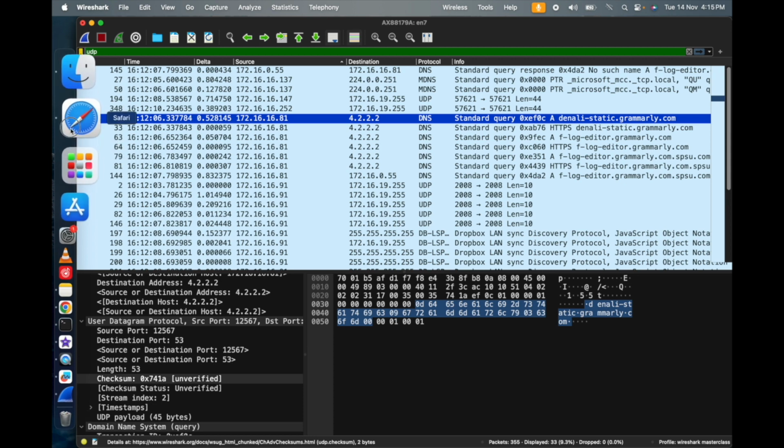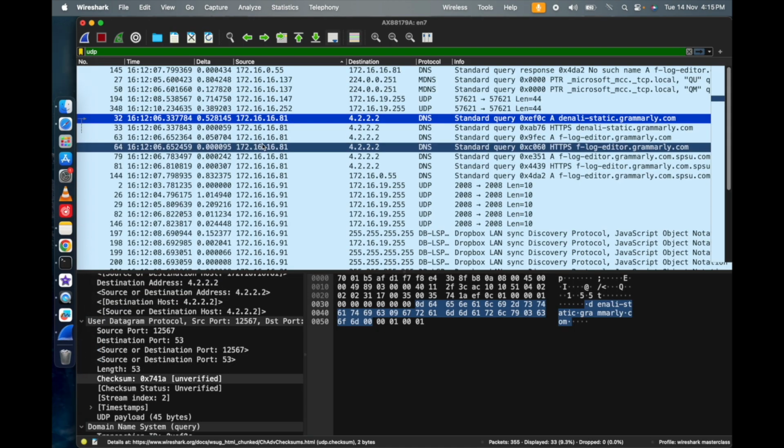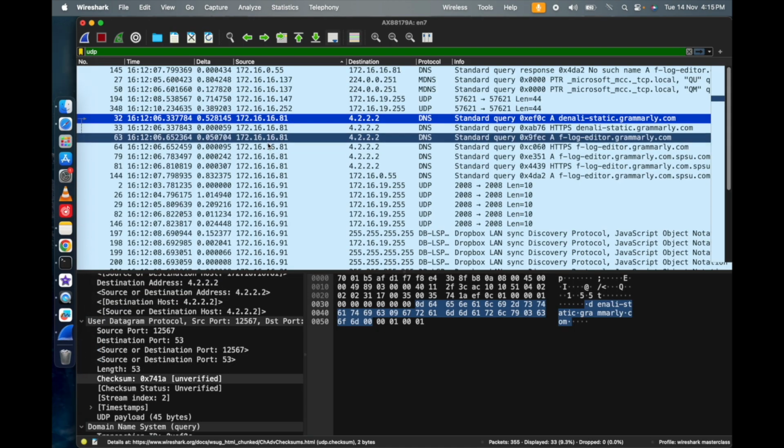And yeah, next question. What's the maximum number of bytes that can be included in a UDP payload? So for this, the maximum number of bytes that can be included in a UDP payload is 16 bits, and you can calculate it by a formula, 2 power n minus 1, minus the header bytes, which gives 2 power 16 minus 1 as 65,527 bytes.